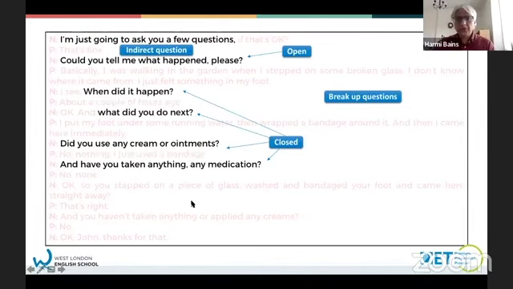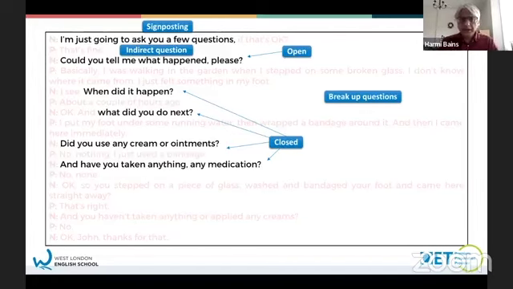You can see at the top as well, when the nurse started the role play, I'm just going to ask you a few questions. This is a nice thing to do because it's something called signposting. And again, signposting, it's something that you can get marks from as well. You can pick up a few marks. And signposting, when you think about a signpost, if you're driving, a signpost tells you which direction to go.